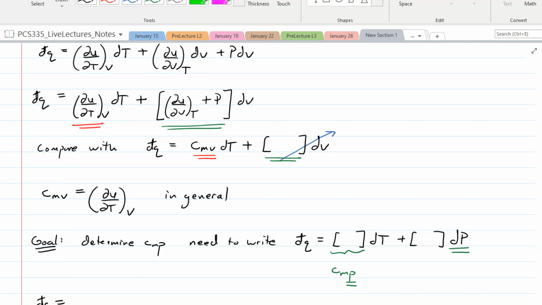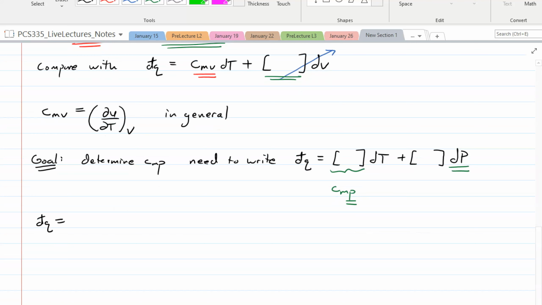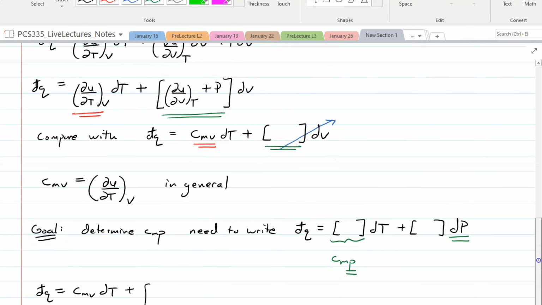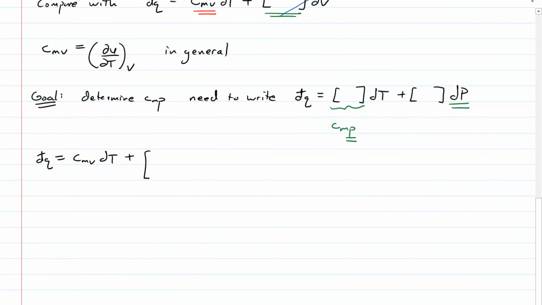So I'll just write cmv dt plus this other term, which is du dv at constant t plus p, and this is all times dv. Now, this is generally true.